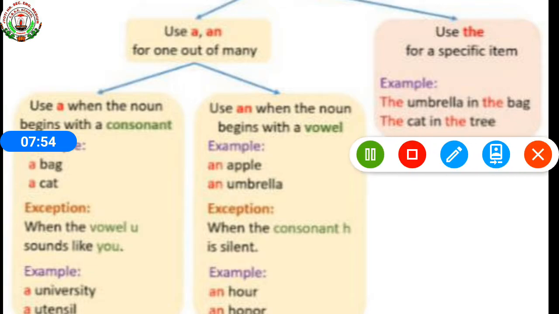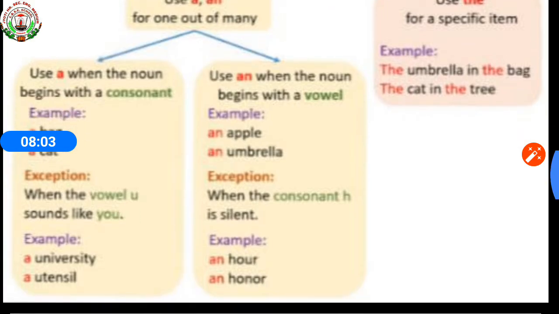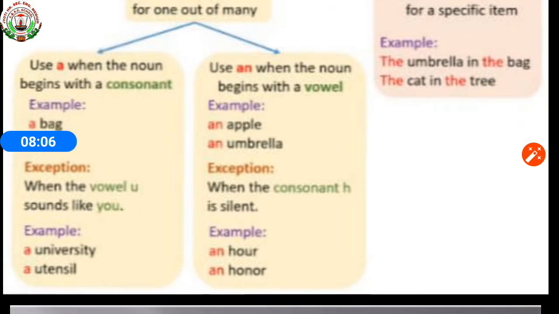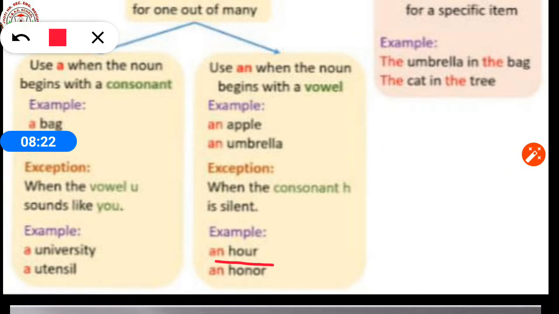For example, an apple, an umbrella, etc. We use an when the consonant H is silent. Means H is totally mute. And that time we can use an. For example, an hour, an honor, an honest, etc.